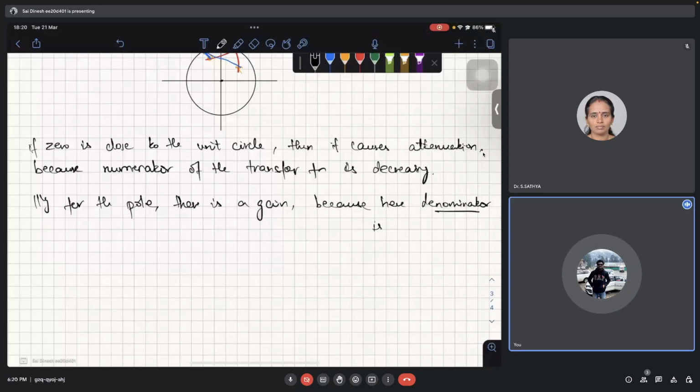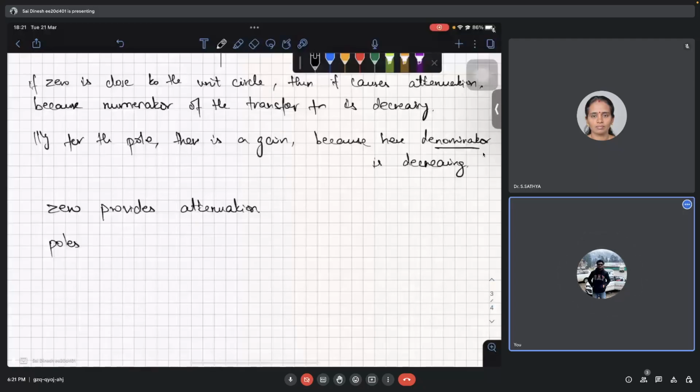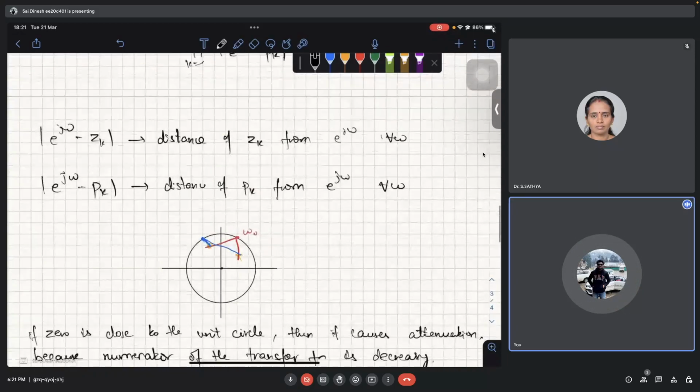So basically we say that zeros provide attenuation and poles provide gain, right? So this is the takeaway that we got from here.